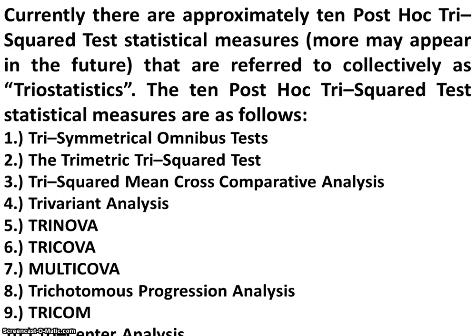And these trio statistical measures provide you a great deal of information about your own research designs and what was really going on within the research investigation. And these clearly give more strength to the trisquared test from a post hoc perspective.